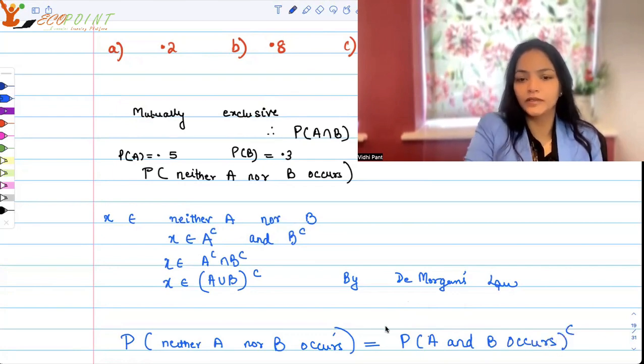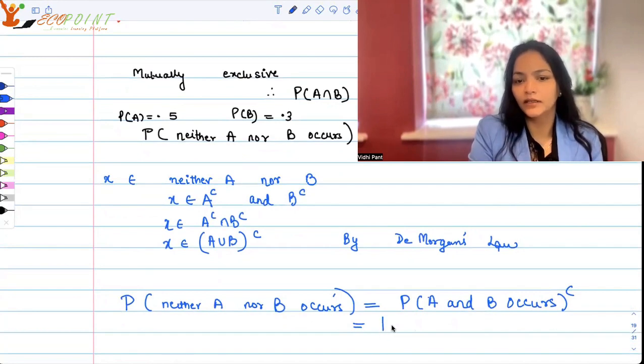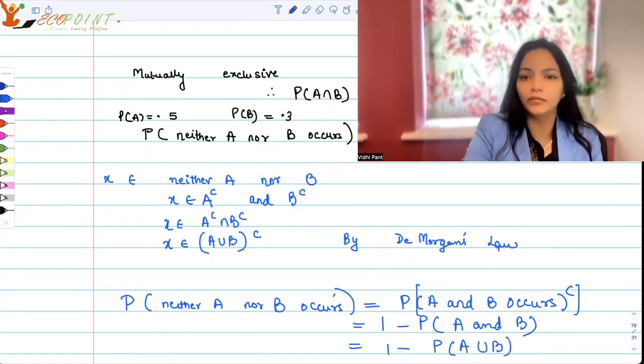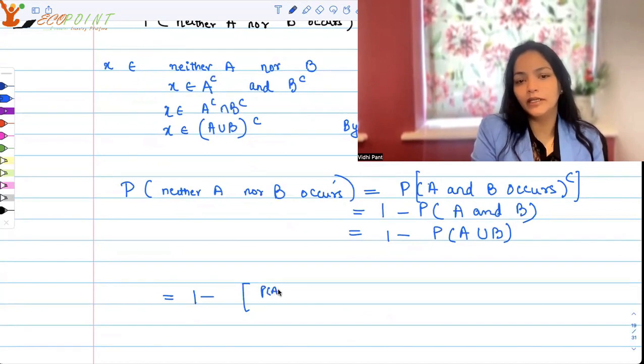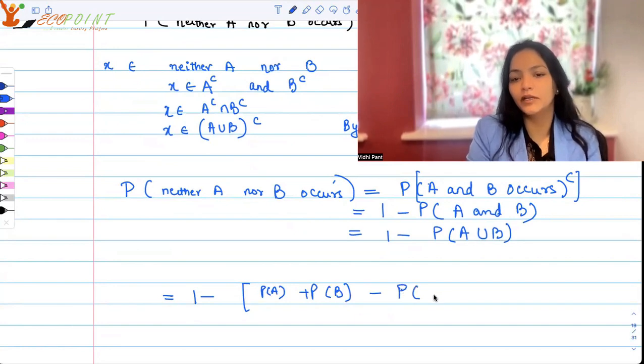The complement of this means 1 minus probability of A and B. So that is 1 minus probability A union B. Okay. So this means we are talking about 1 minus probability A plus probability B minus probability A intersection B.